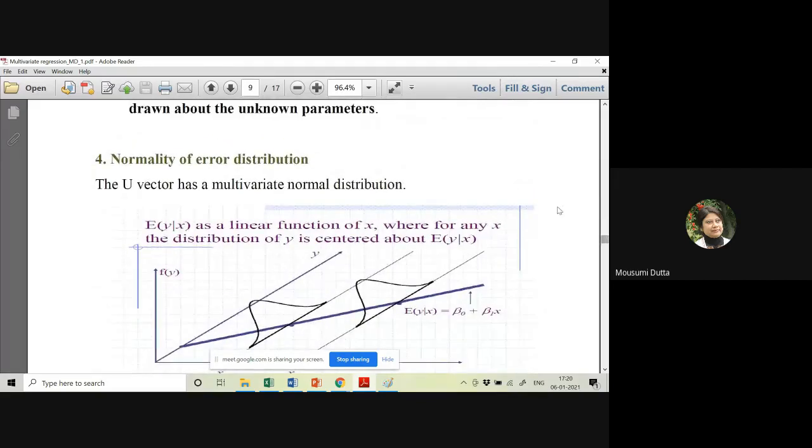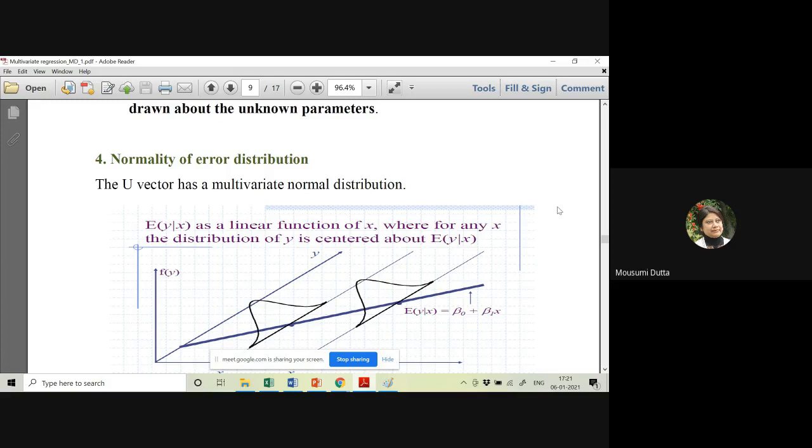Now, so far, up to assumption number 3, we considered the assumptions which we need for estimation. For estimation, we do not need any assumption regarding the distribution of the error term. We need the assumption of distribution of the error term only for hypothesis testing.